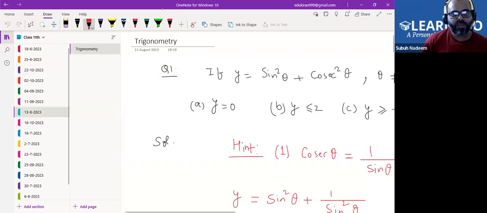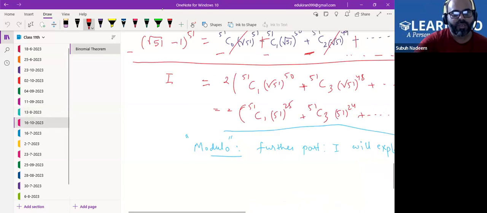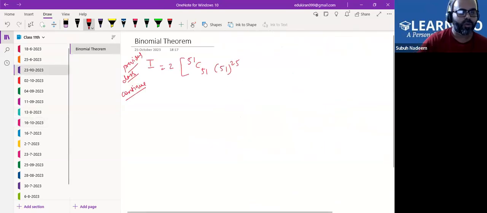Then we have 51C3 times 51 to the power 24.